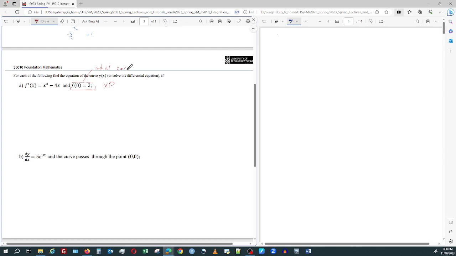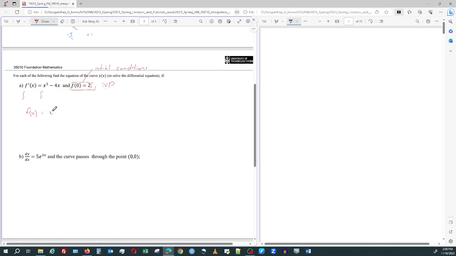Now, it's very interesting to recognize that the solution of an equation is in fact a function. So what we have to do is integrate. Integrating both sides, what we're going to find is the function, and because we generate a c, we generate a family.